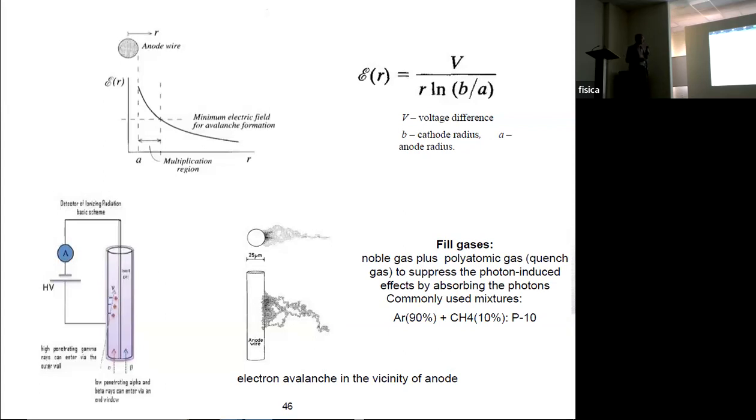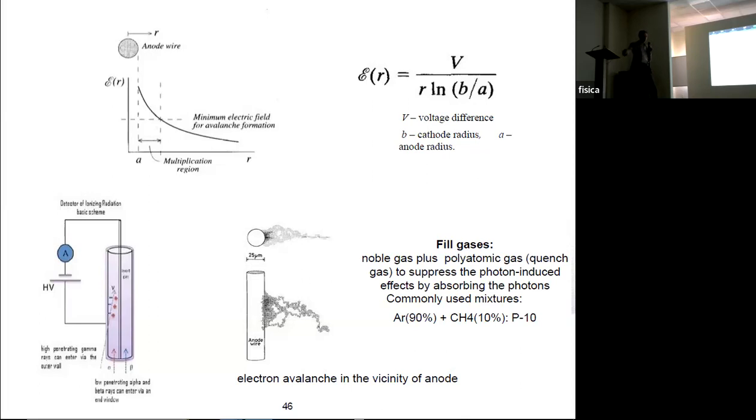The main difference is that proportional counters require a so-called quench gas, which is usually a polyatomic gas, for example, CO2 or methane, which is added to the noble gas in order to absorb photons, which can also appear during the interactions.